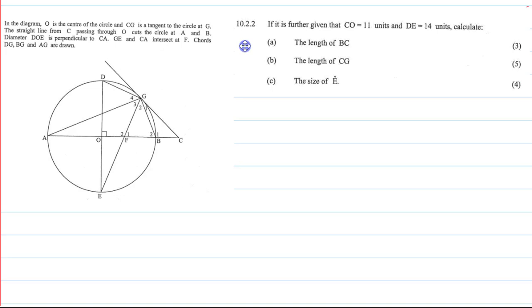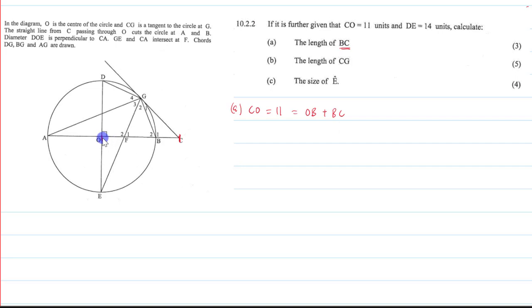Now we have to calculate the length of BC. Okay, so that BC is what we're looking for, and we are told that the distance from here to there is going to be equal to 11 units. So you want to think about it like this. The line CO is going to be equal to 11, but CO is made up of the distance O to B plus then the BC that we're looking for.